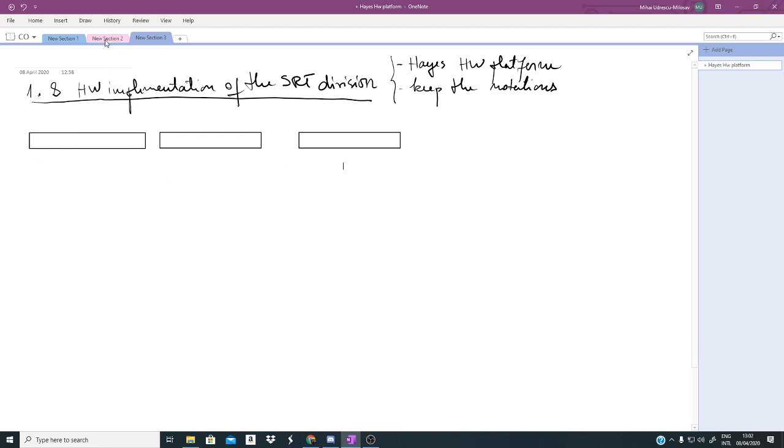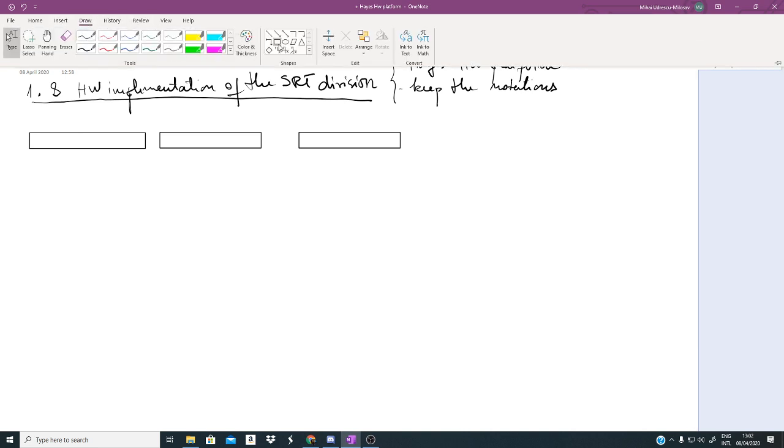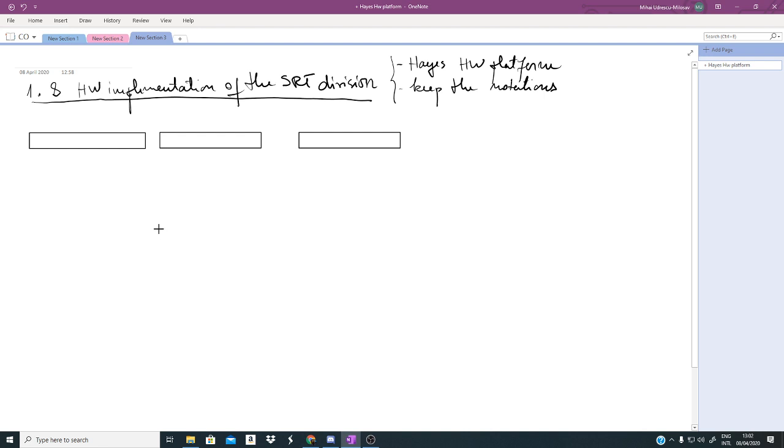And we need a parallel adder, which I'm going to put right here. Okay, maybe a little bit up. Yeah, like this.